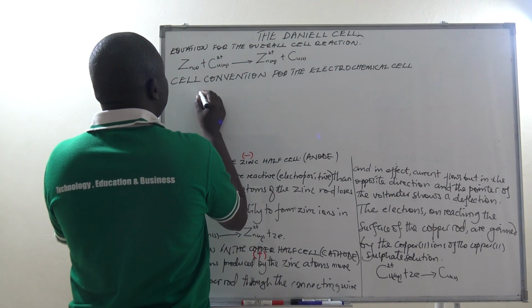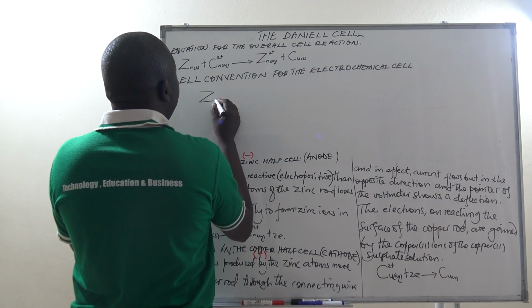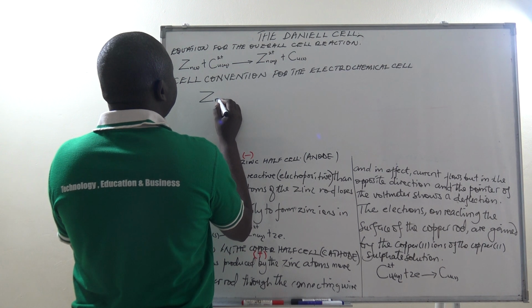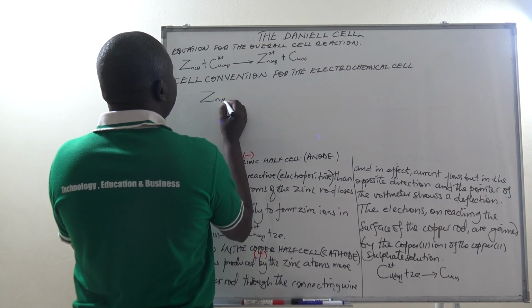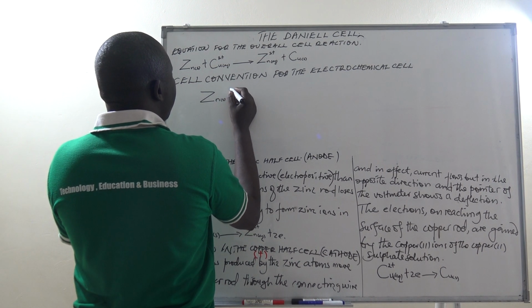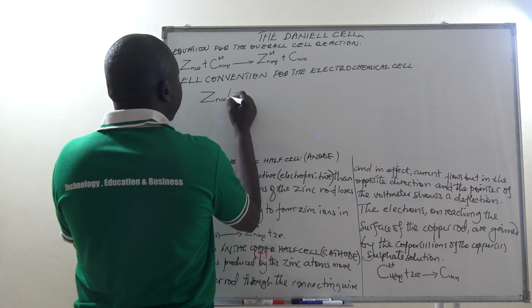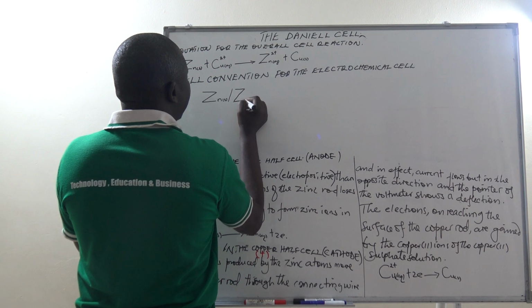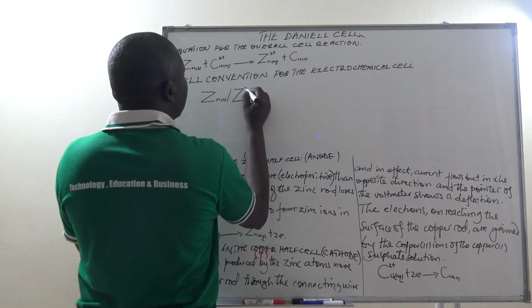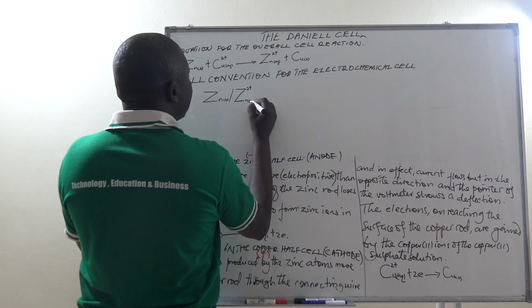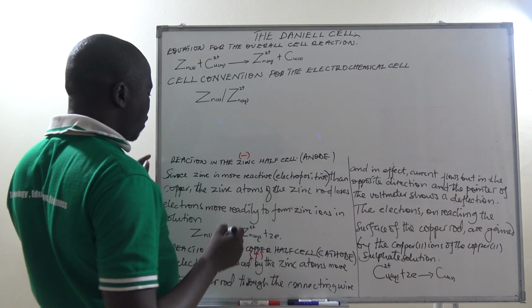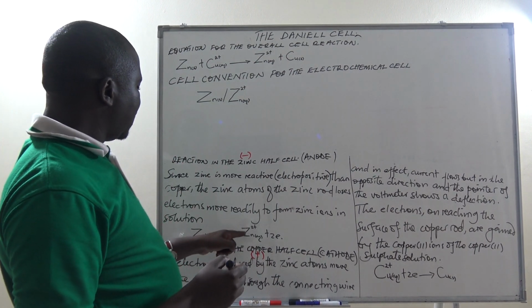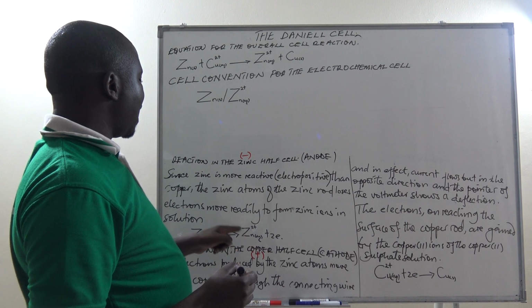So we have zinc, it is represented this way, zinc, which is a solid, in this case the zinc atoms, we use a short slanted bar, produces zinc ion in the aqueous state.